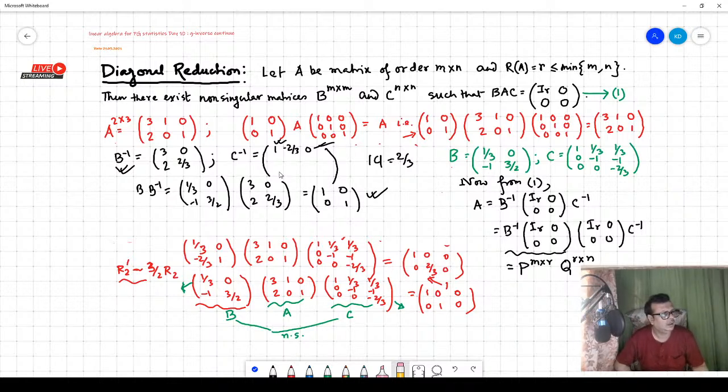Are you there? Okay. Subrojit says first row is 0 minus 1, 0 minus 1, 0. Subrojit, is it the first row?